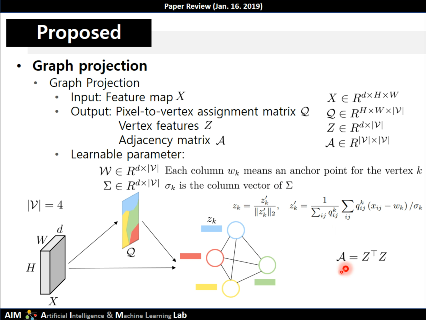Also, we further compute the graph adjacency matrix as A equals Z transpose Z with normalized zk. An element of adjacency matrix A is the pairwise cosine similarity between the feature vectors zk and zk's.